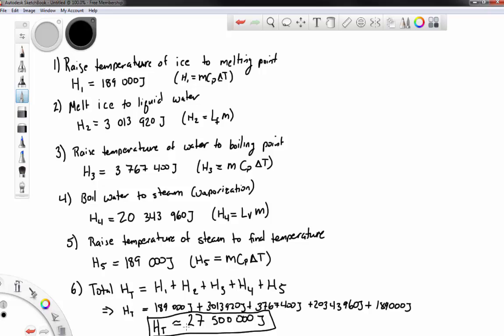So that seems like quite a bit of heat, actually. Of course, recall that the power companies bill you by the kilowatt hour, and that we found the kilowatt hour in the previous chapter as 3,600,000 joules. So this is maybe 8 times that much, and so this maybe cost about 80 cents to do if you could get all of the energy from the power company and convert it into this heating and melting and boiling process.